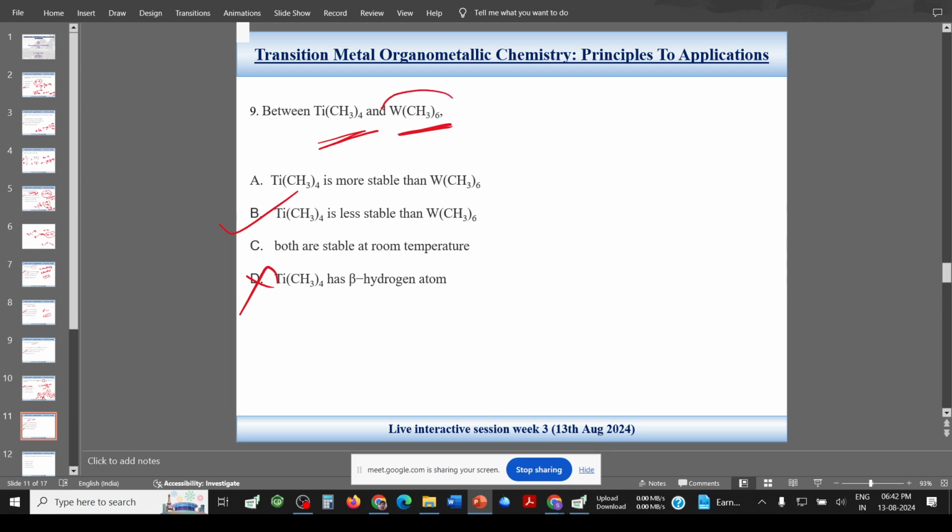And what is the structure of this tungsten hexamethyl? Is this octahedral?